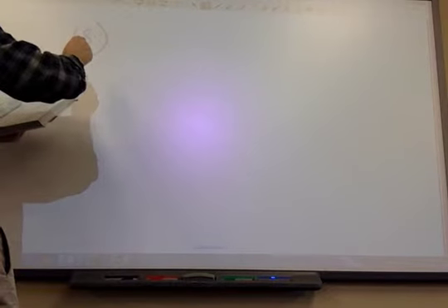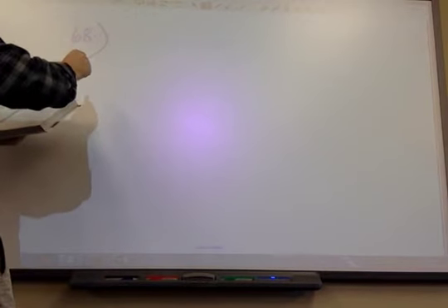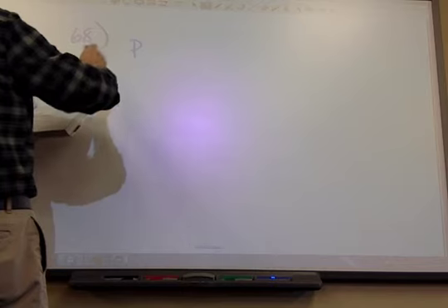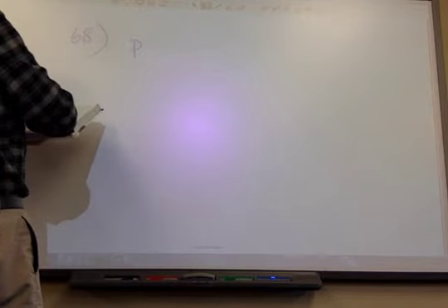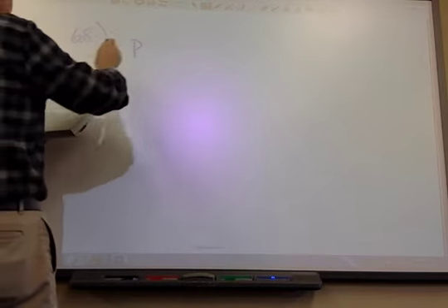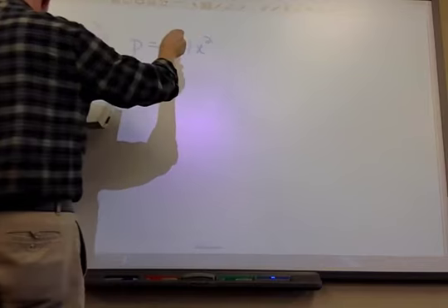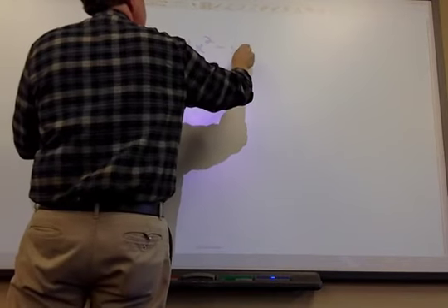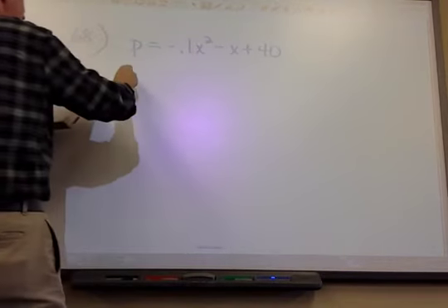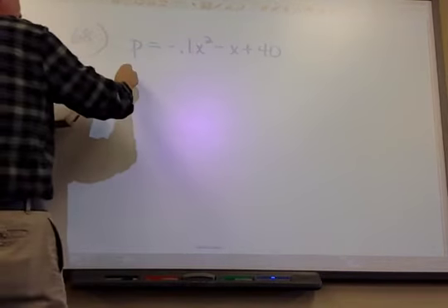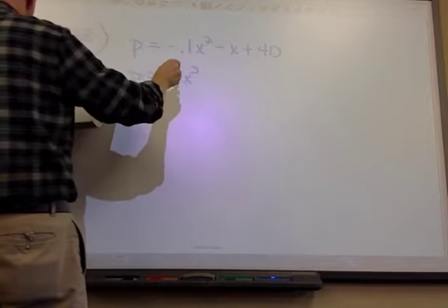Problem 68 says, this is about tires. The demand function for tires is, no, this is about tents. The demand function for tents is P equals negative 0.1x squared minus x plus 40. And the supply function is 0.1x squared plus 2x plus 20.